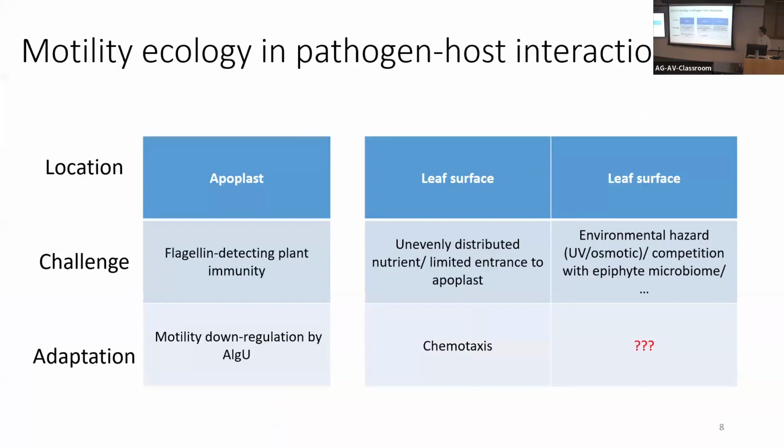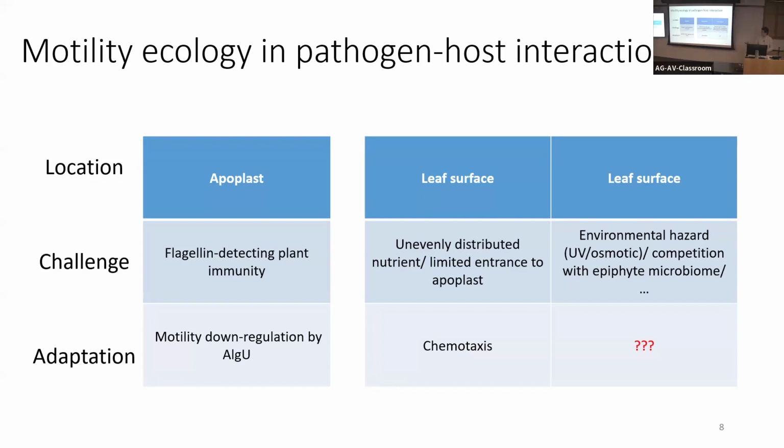So as I alluded to earlier, our group has been working on bacteria using motility to evade plant immunity. So what other functions can motility achieve in a plant pathogenic bacterium? Well, in our example, DC3000 gets to the plant apoplast, and the challenge it's facing there is that PTI is detecting it, using flagellin and so on.